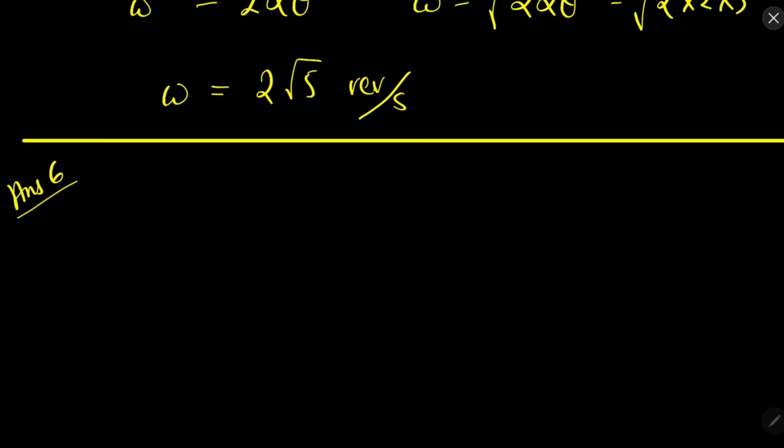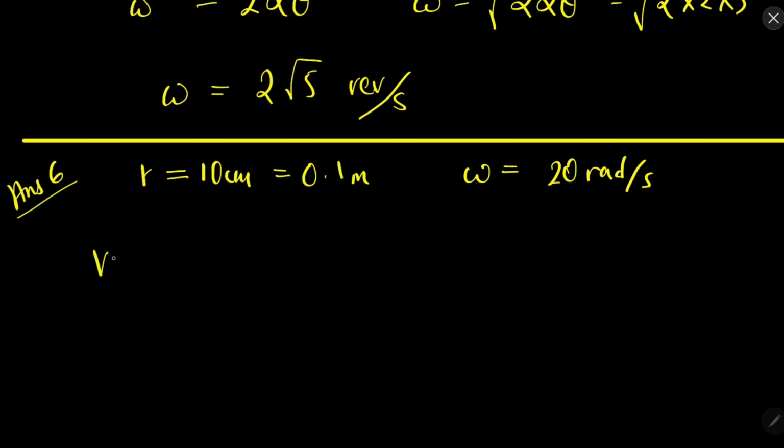So what do we have, by the way? Radius of disc is 10 cm. In meter it will be 0.1. Angular velocity is 20 radian per second. So linear velocity is omega r on the rim. So 20 into 0.1, that is 2 meter per second.